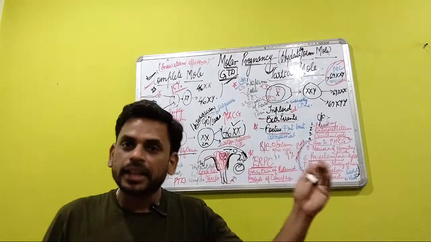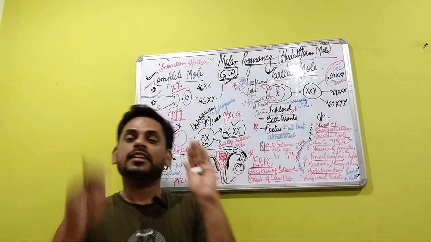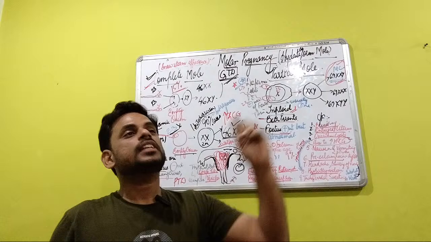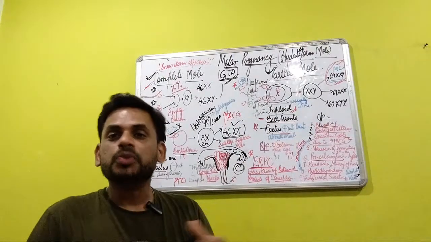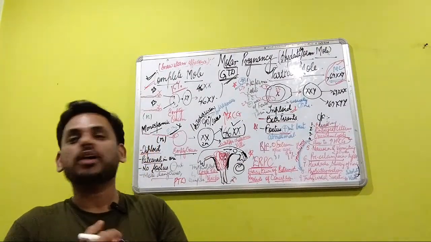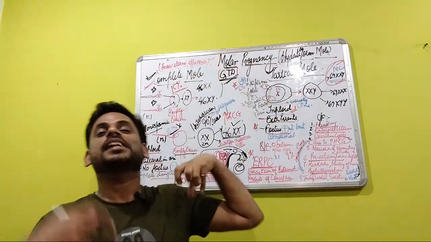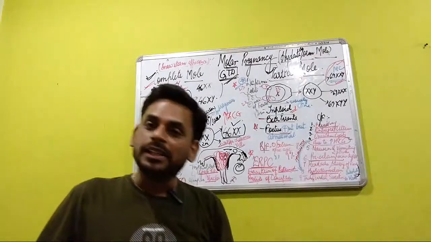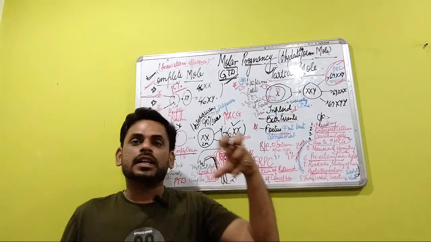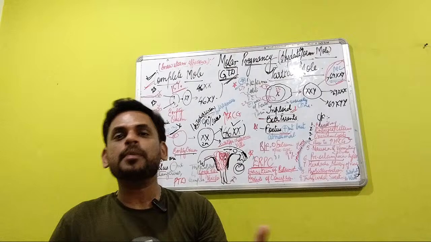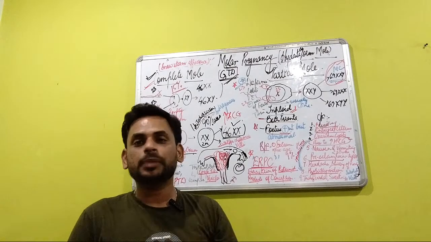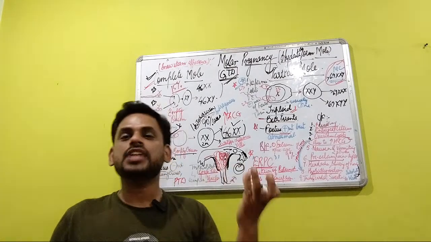In molar pregnancy, the fertilization of the sperm with the ovum goes wrong. Fertilization can happen where a sperm fuses with an ovum that is devoid of chromosomal material, lacking genetic material.